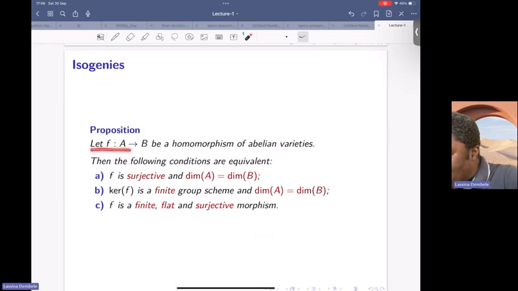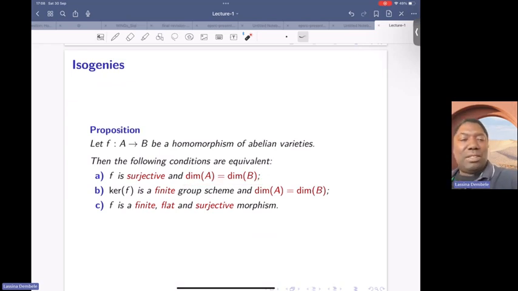So let F be a morphism of abelian varieties. Then the proposition says that the following conditions are equivalent. The first one is saying that your map is surjective and that the abelian varieties A and B have the same dimension.